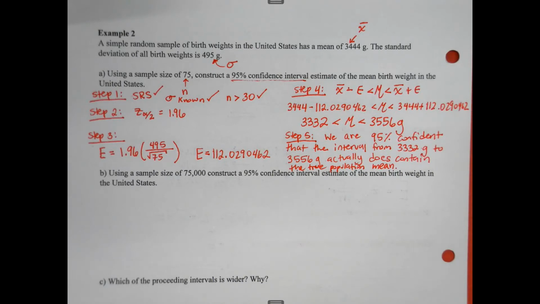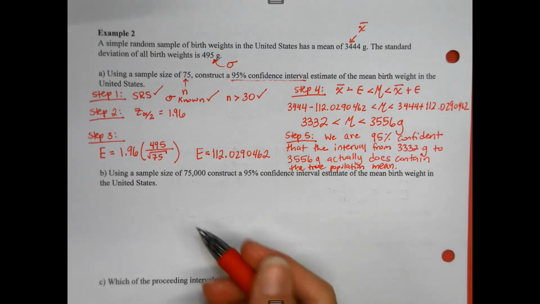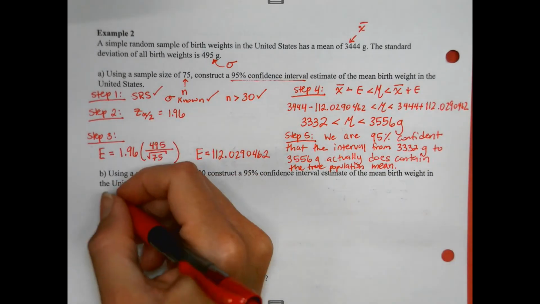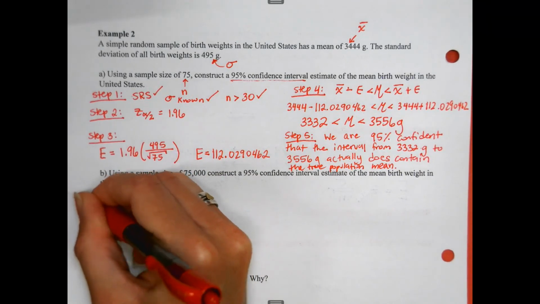So we can expect that our interval is going to be a smaller interval and that our E value, or our margin of error, is going to be less than it was in part A. We already know what step 1 and step 2 are, so I'm going to just start at step 3.